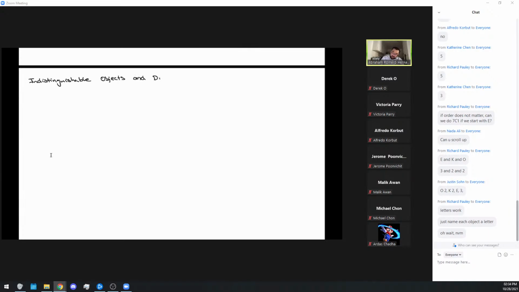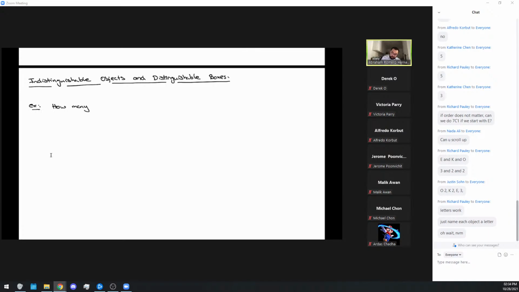And distinguishable boxes. So indistinguishable objects are things that are not different. They're identical. Distinguishable things are different. So here's an example of that.